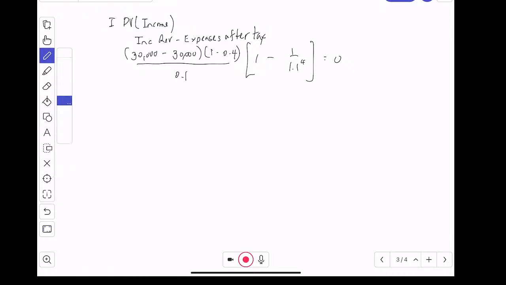Now you could put them all together, wouldn't be wrong. Also after tax, because you have to pay taxes on that revenue. And that turns out to be $30,000.